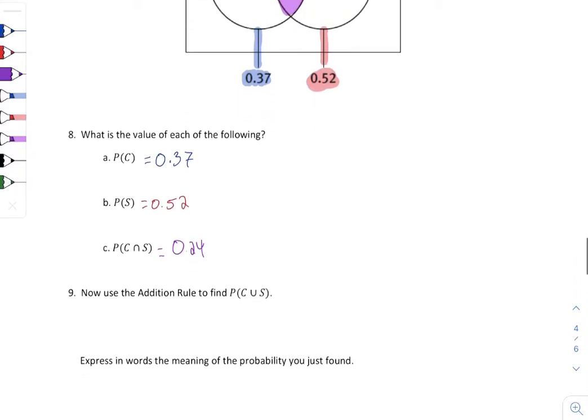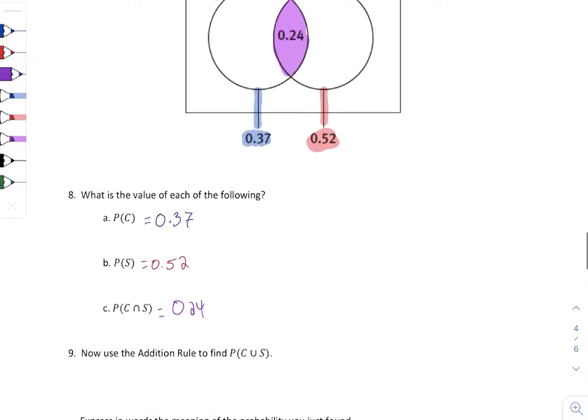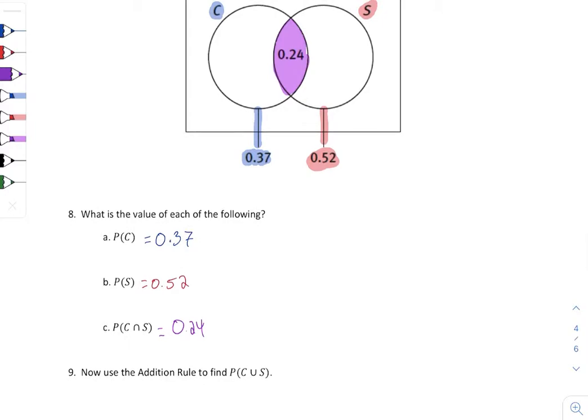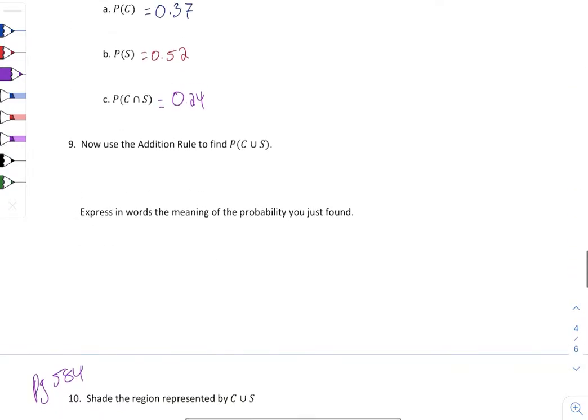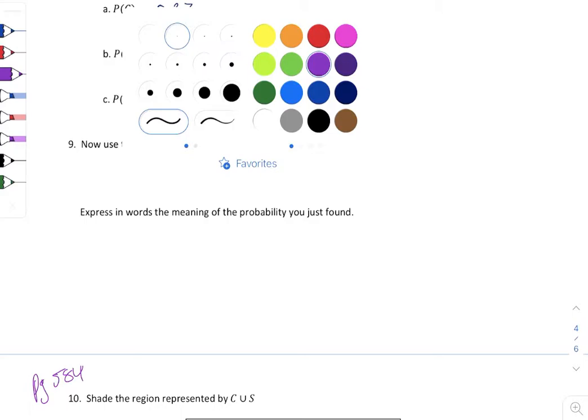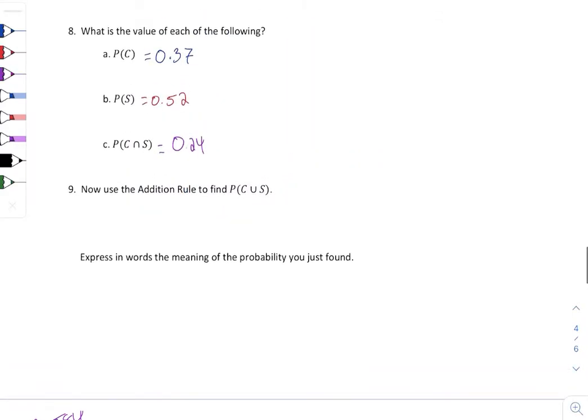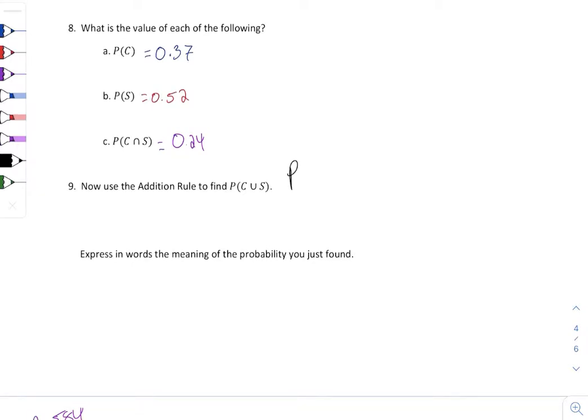And now we want to use the addition rule to find the union. It would have been possible to find the union without the addition rule, but it'd be more work, so it's a little quicker to just do this. You need to get comfortable with the addition rule. What I like to do when I learn new formulas is write them every time there's a problem.